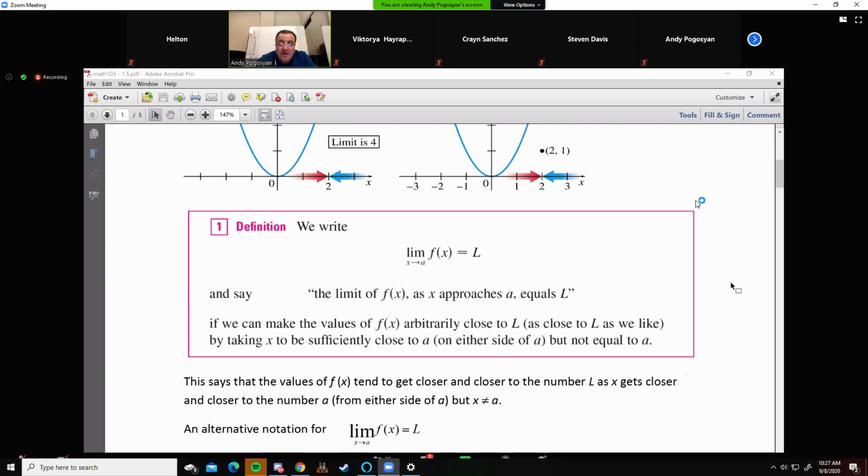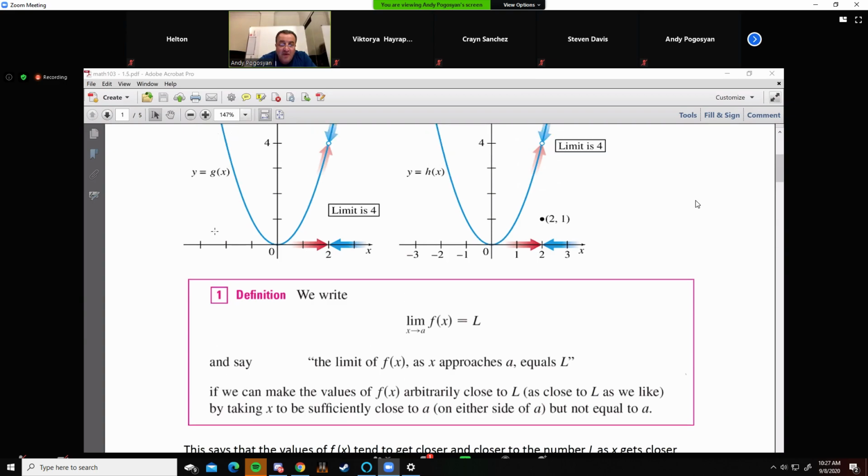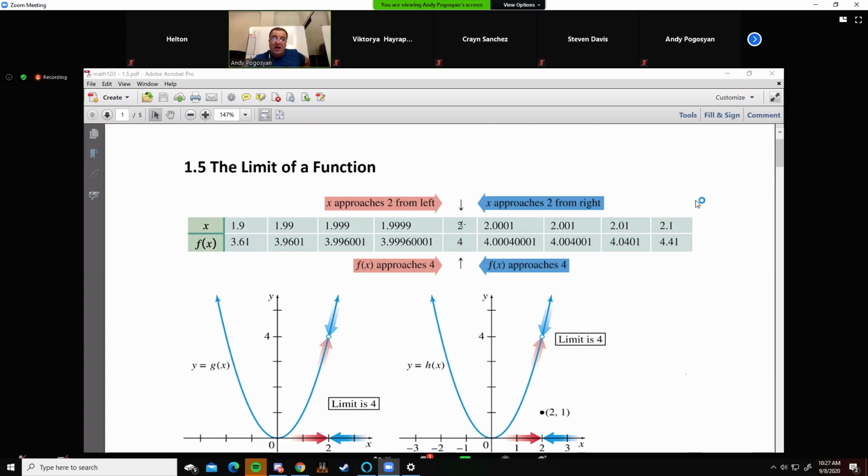That table gives you a great example. x approaches 2 from the left, staying always less than 2. x approaches 2 from the right, staying always greater than 2. And f of x approaches 4 in either case. So the limit exists.